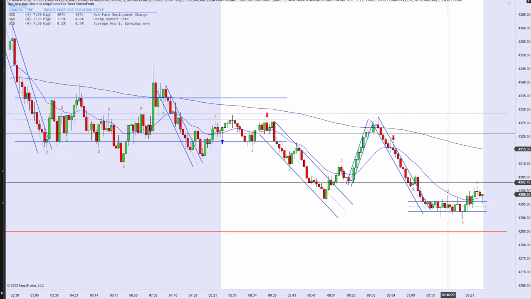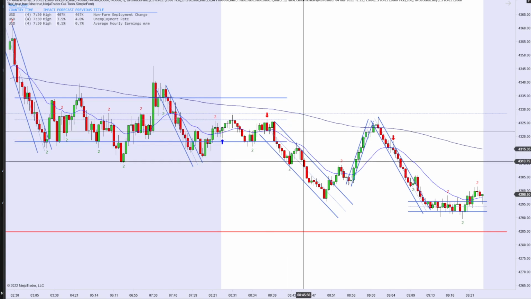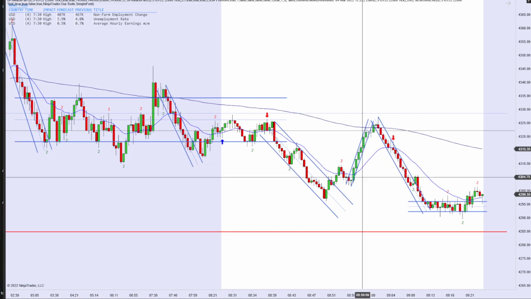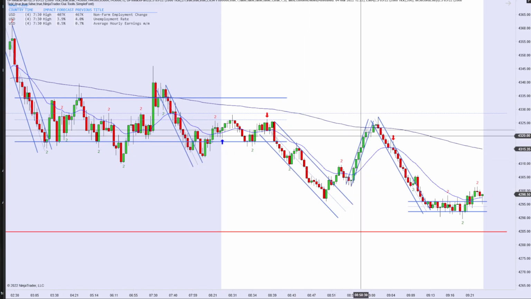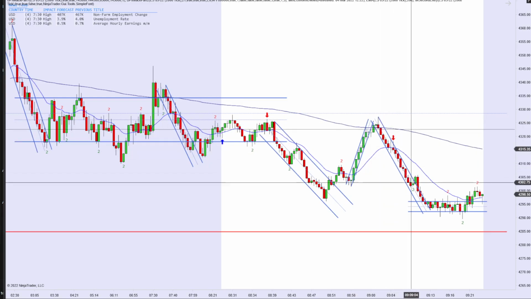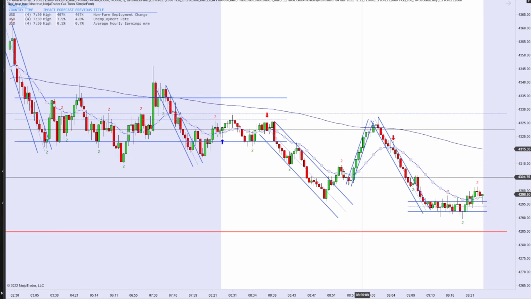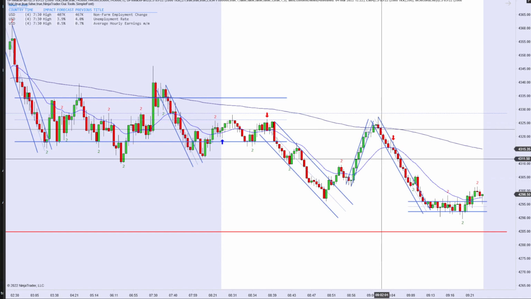One thing to mention, prices will move around this 21 EMA like it's a rubber band. So as these prices shoot up above EMA, eventually it's going to come back down. And as it goes down through the EMA, it's going to eventually come back up, right? This EMA is a magnet. It's a rubber band. It pulls the prices closer.